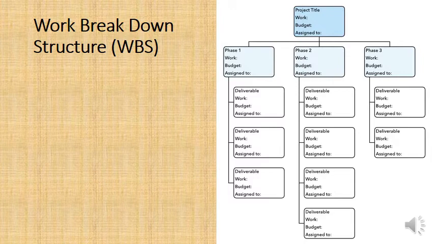Now, this helps you organize your project. And one of the key examples of this would actually be with your 4th year research projects, your capstone projects. Initially, when you were presented with the 4th year capstone project, it seemed quite daunting, didn't it? You weren't sure what you were meant to do. It seemed like an awful lot of work. But then you were able to define what the project is.